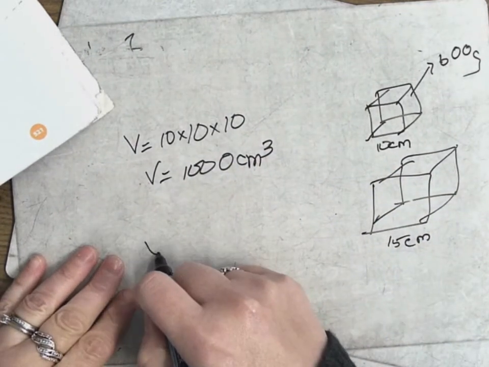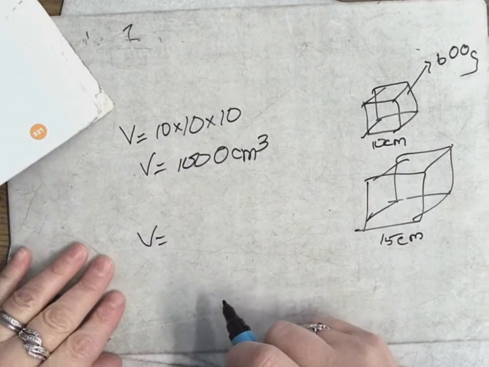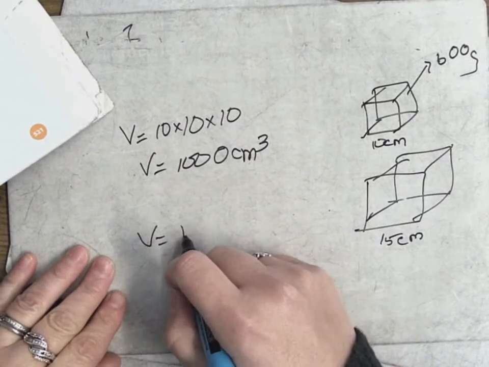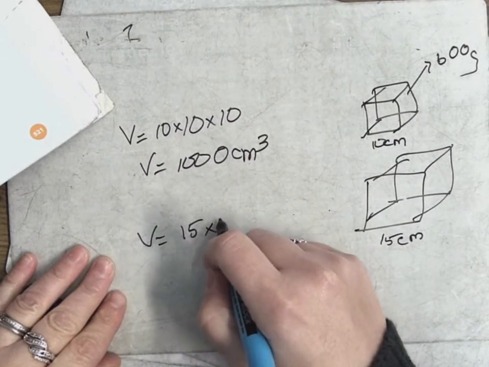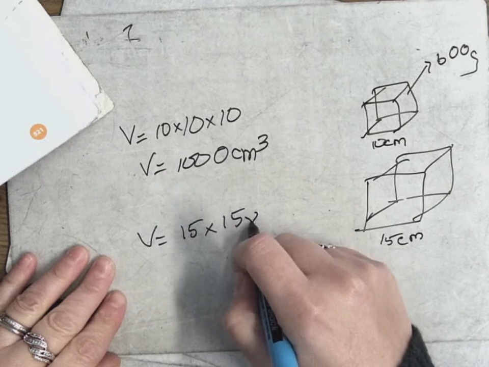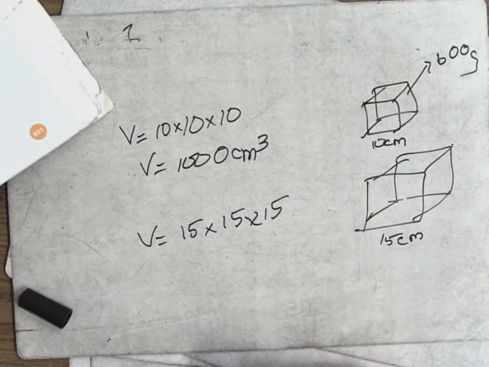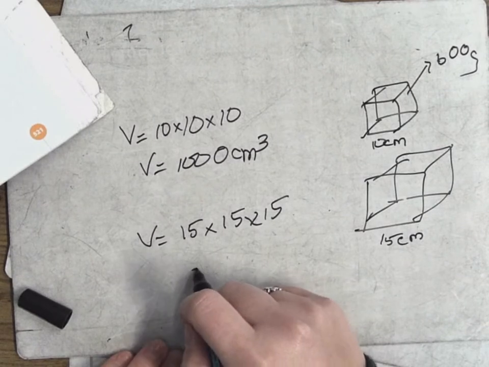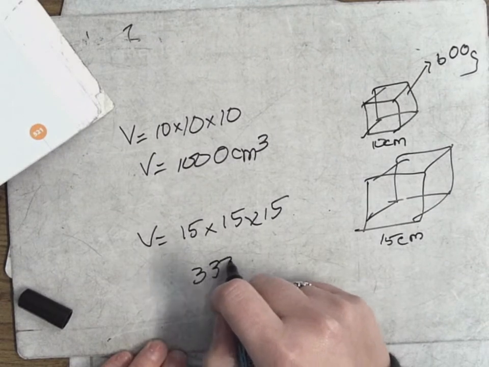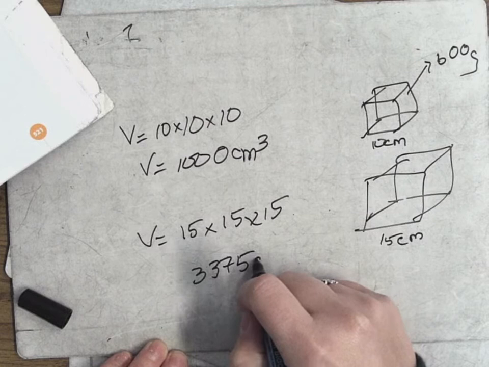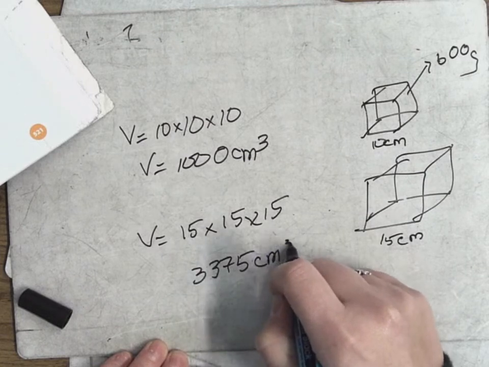Next one, the volume down here. What would the volume of this one be? 15 by 15 by 15, which is 3,375 cm cubed. Is that alright?